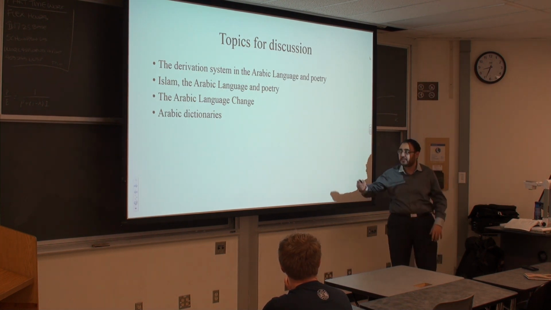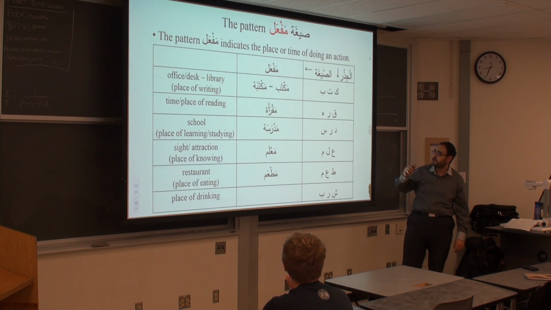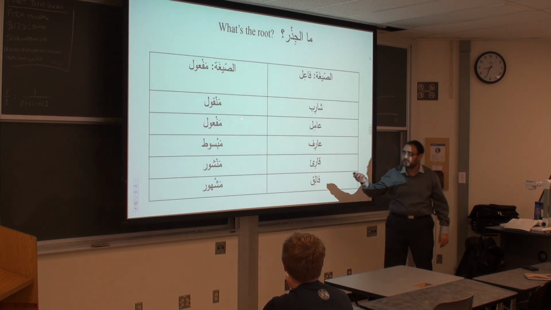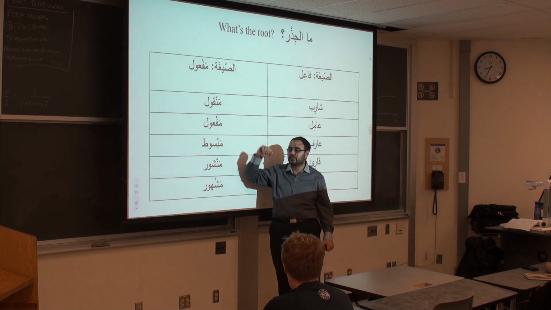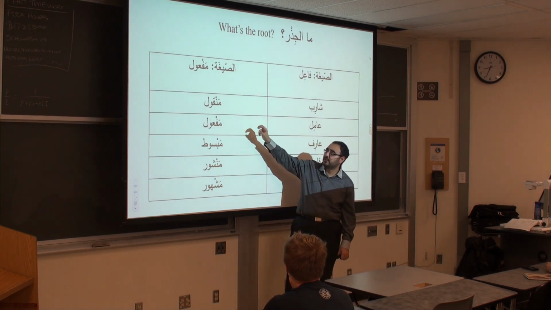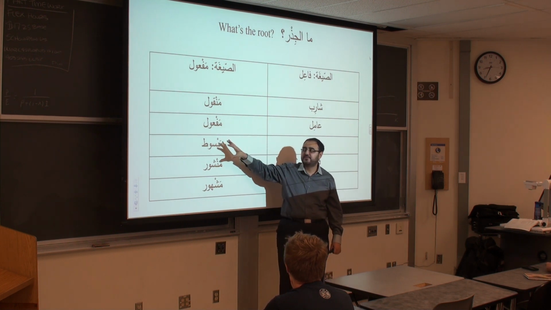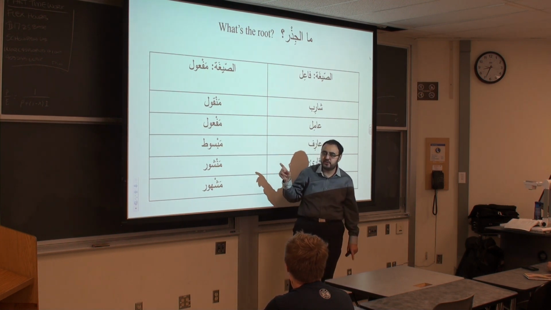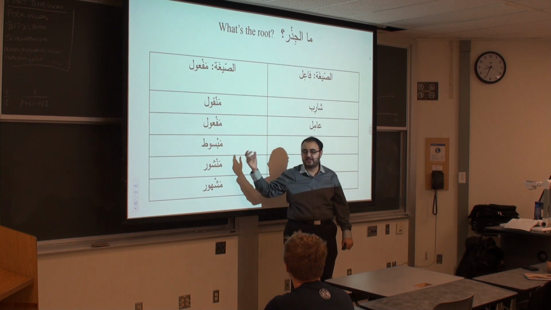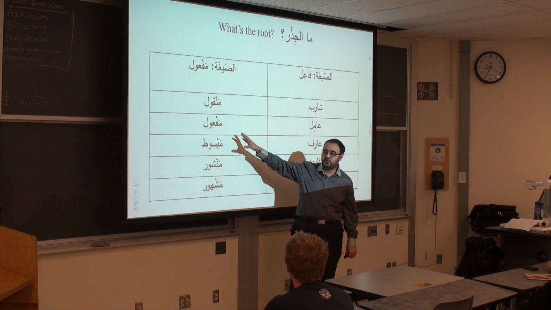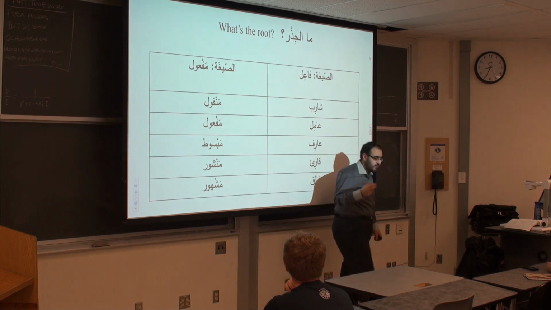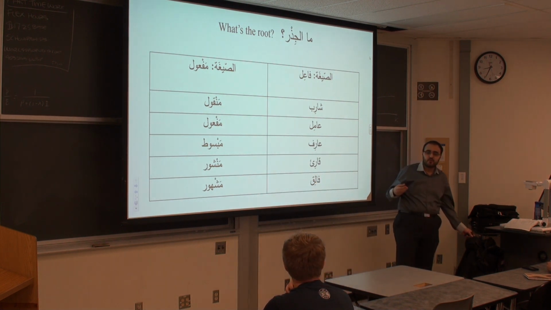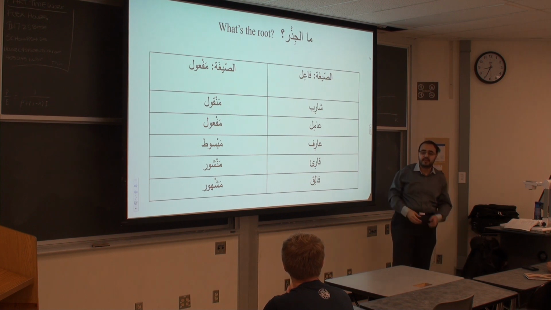So if we try to weigh these words morphologically with the morphological scale, they'll all have the same weight, which is maf'ul in all of these cases. So it's used to compare words according to their morphological weight, or to compare the words morphologically.